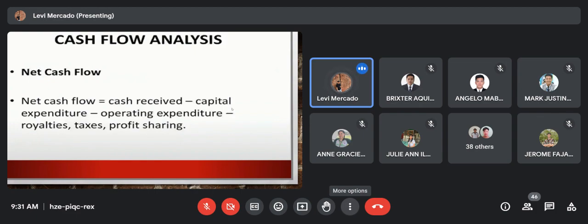For example, paggawa ng building. So, it will fall under the capital expenditure. Kasi, pag nagawa na yung building, yun na yun. Para naman sa maintenance ng building, magpo-fall na yun under sa operating expenditure. So, lahat yung maintenance, yung mga pag-maintain ng mga electric lighting, air conditioning, lahat yan sa operating cost na.